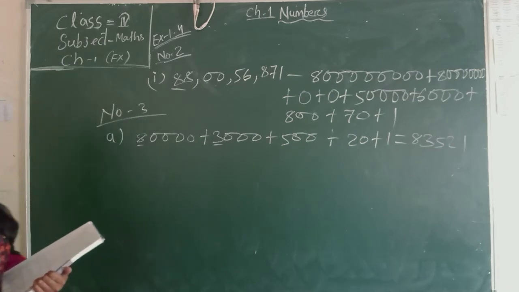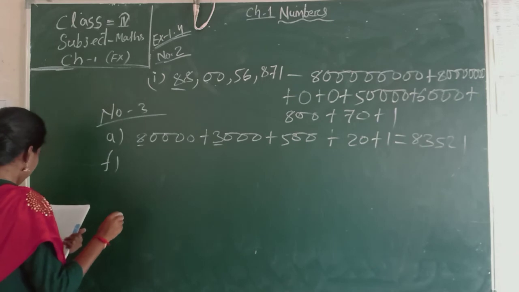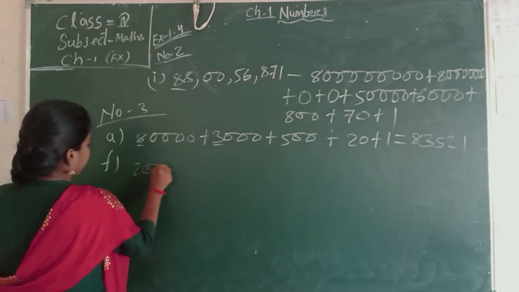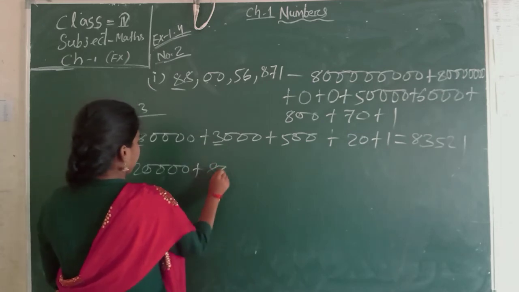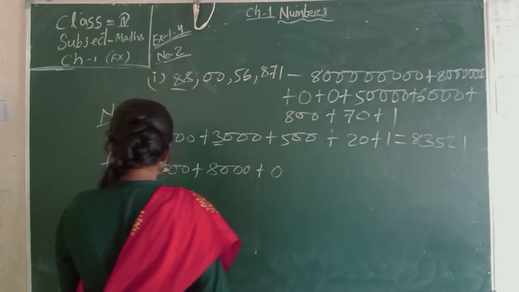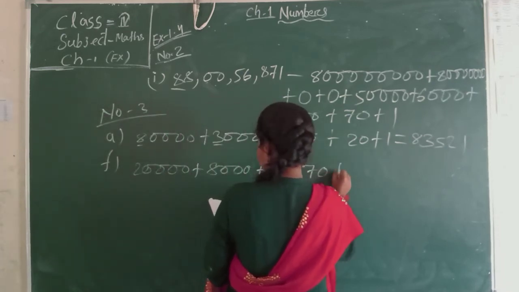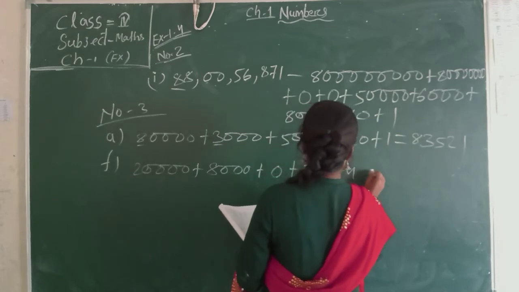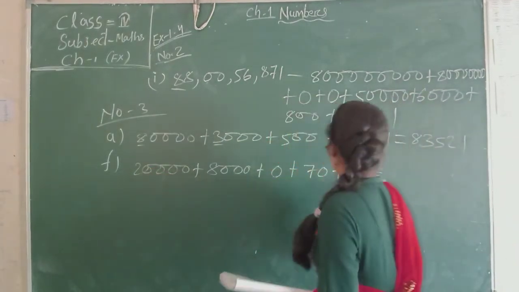Okay, next come to the F number. Here the F number is 20,000 plus 8,000 plus 0, 100 plus 0, next 70 plus 4. For this, first write the first digit here, 2.